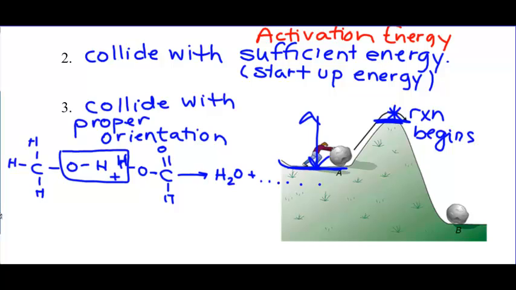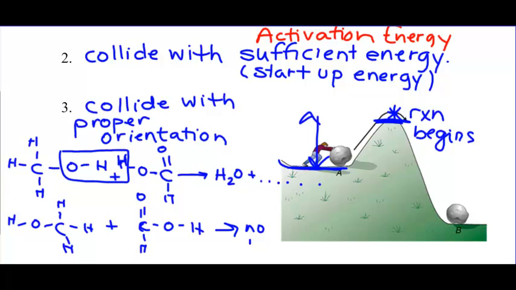But if you flip either one of these molecules, like let's flip the first one, so that the OH group is on this side, and just H is on this side, we'll flip the other one too, just for fun. So if this collides with the C, then you get no reaction.